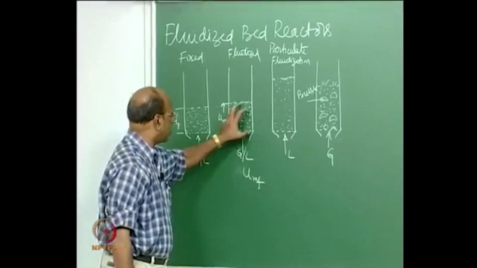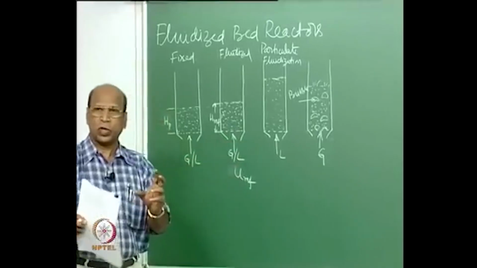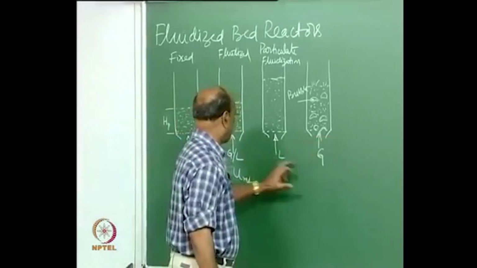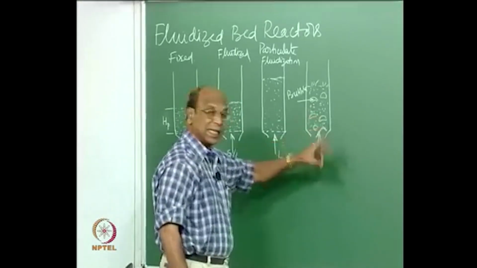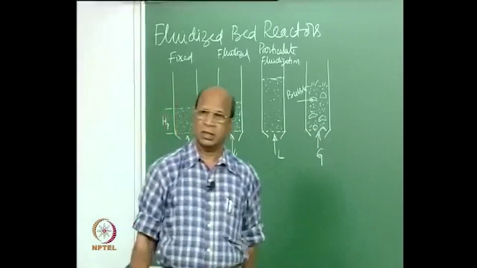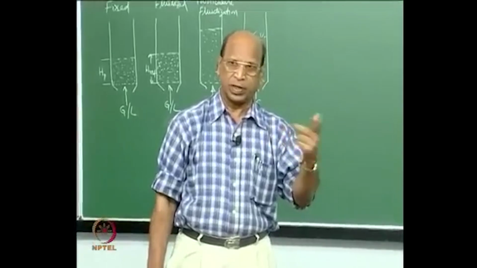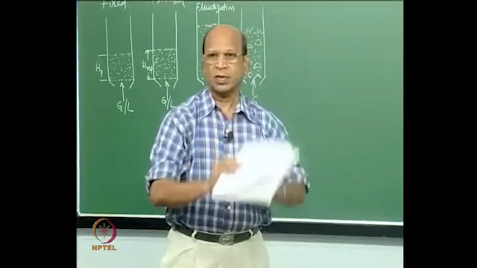That is why at this point, whatever gas you have, all the gas is used only to support the solids, but here when I have that 2.5 times or 3 times, as I told you, the gas velocity, then that extra gas beyond minimum fluidization velocity goes in the form of bubbles.